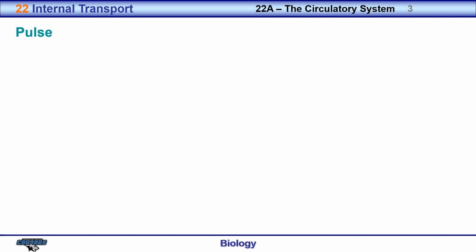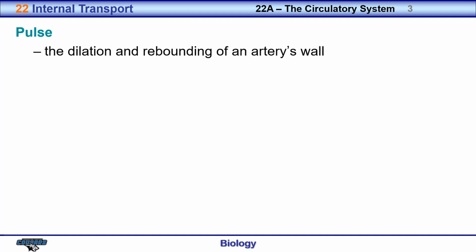One of the things that you notice in the circulatory system is that you can feel your pulse, either by touching your wrist or in your neck. This pulse is really just the dilation and rebounding of the artery's walls. What do we mean by that?